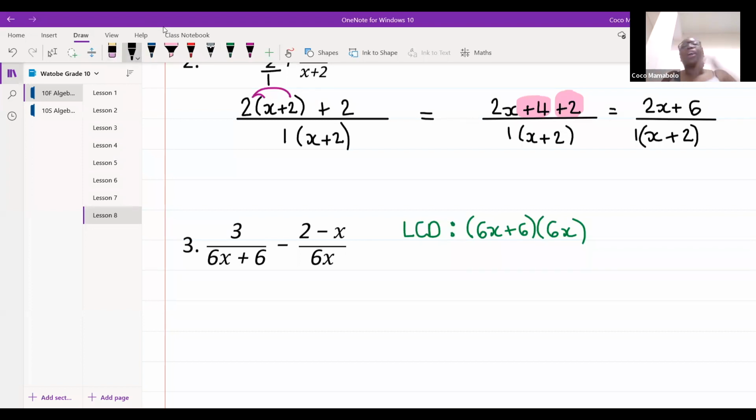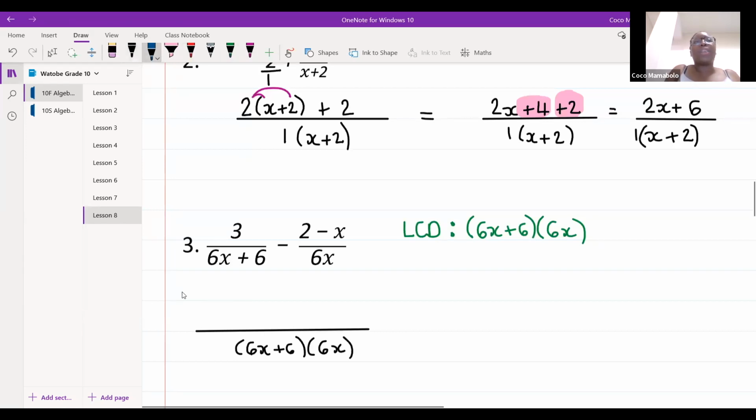I can't just say 6x plus 6, because that doesn't include 6x. Whatever answer we get for 6x, I'm supposed to add a 6 from where? We didn't have it. So you must add it in. Take both of them, multiply them together. So now this is my LCD, 6x plus 6 multiplied by 6x.